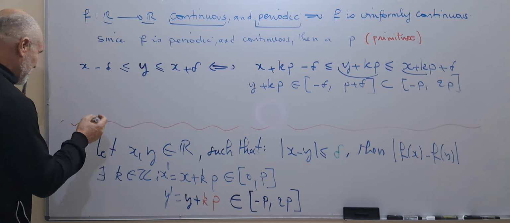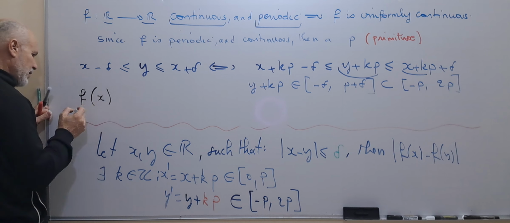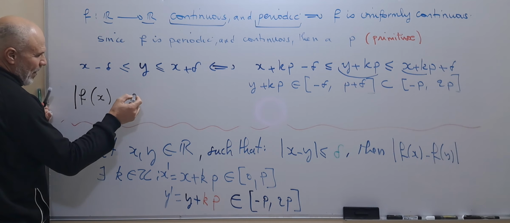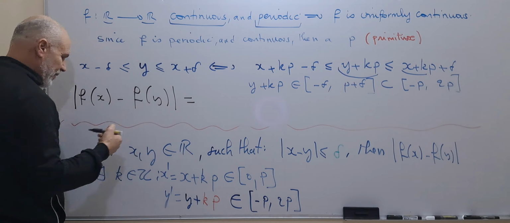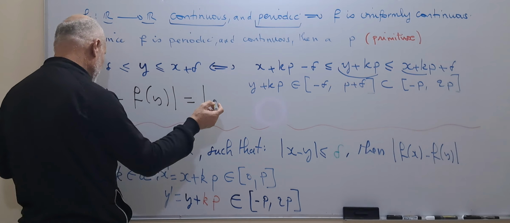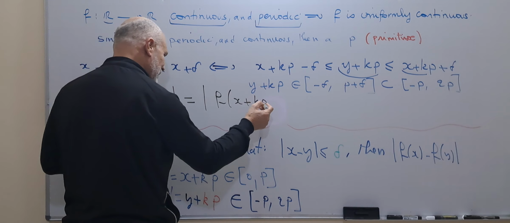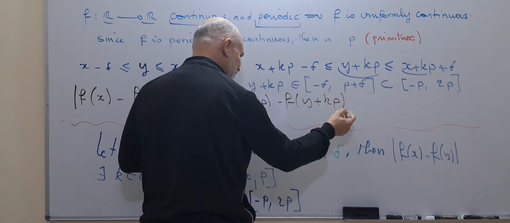At the end, f of x minus f of y, because our function is periodic, is equal to f of x plus kp minus f of y plus kp.